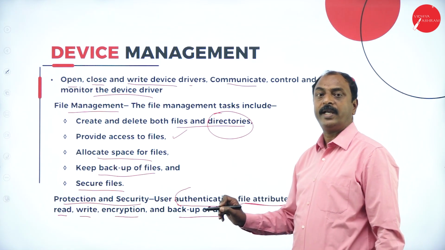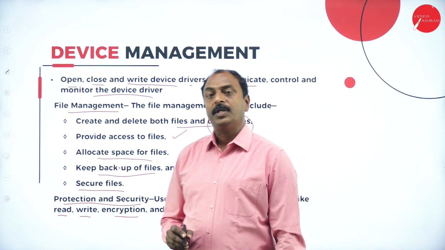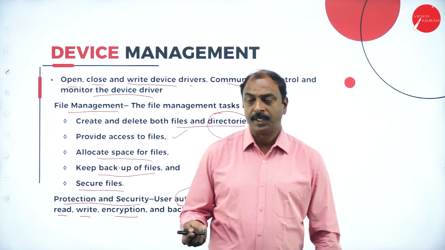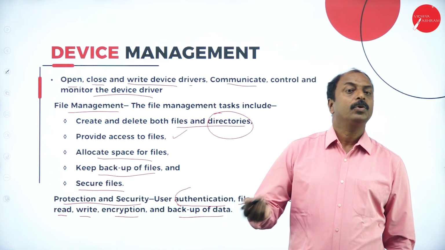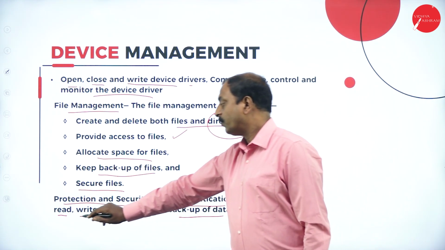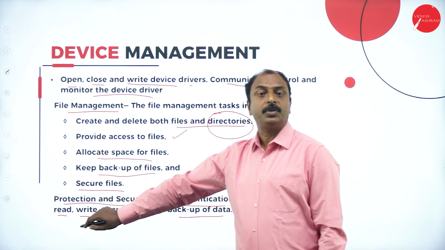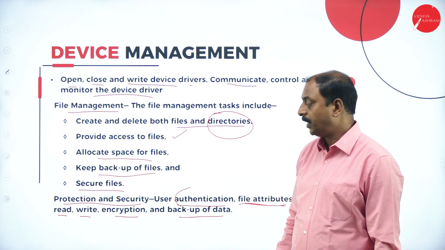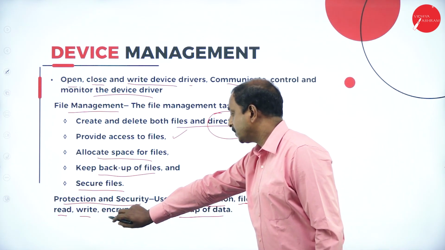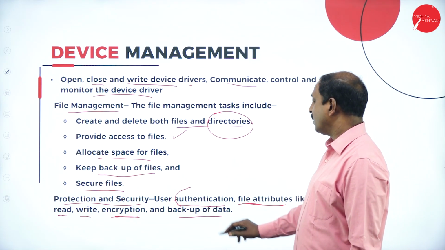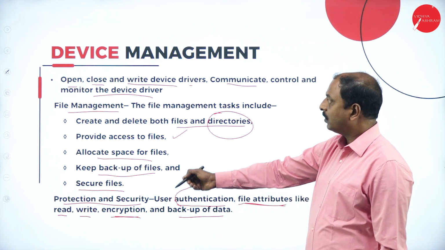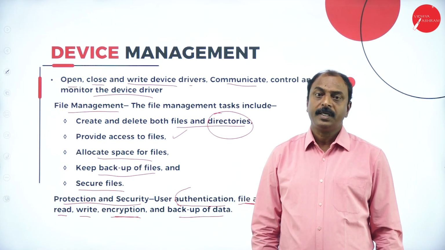If there are files stored in a computer, they can have different attributes, whether read attribute, write attribute, or both read and write attributes. That is a type of permission or security for a particular file in computer memory. Similarly, encryption is for the sake of security, and again, backup of data. These are a few functions of the operating system.